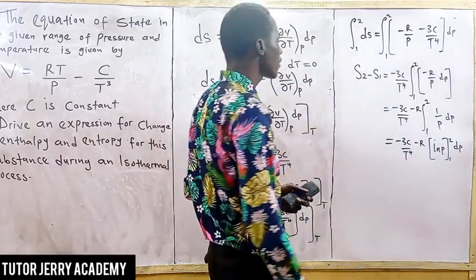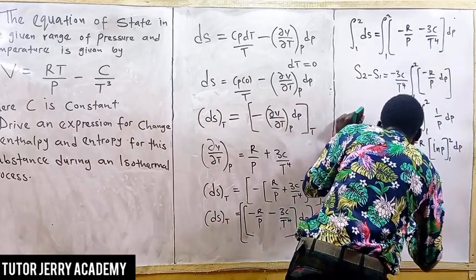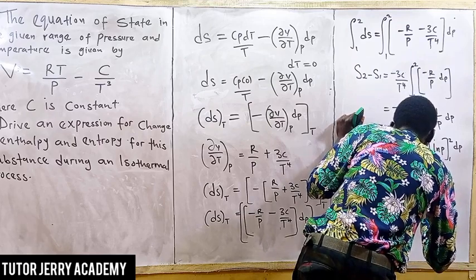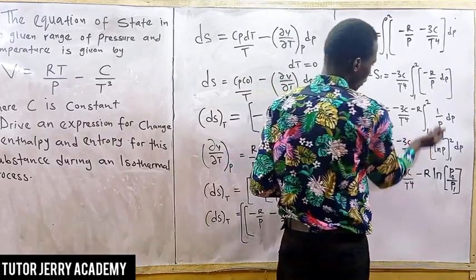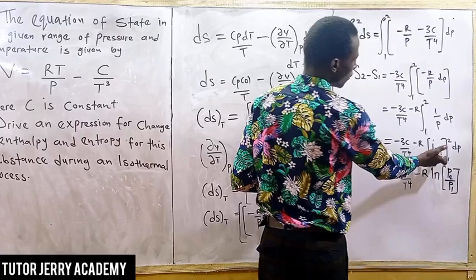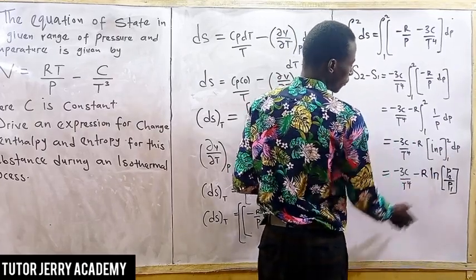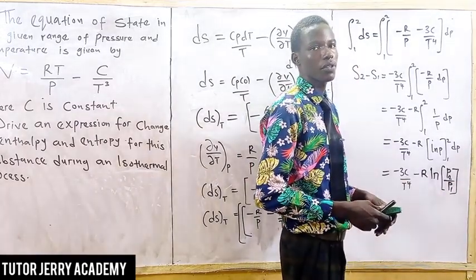Next, we are going to simplify this equation further. It will be equal to minus 3C over T to the power of 4 minus R, times ln P from 1 to 2. If we put in our limits, we are left with nothing but ln P2 over P1.